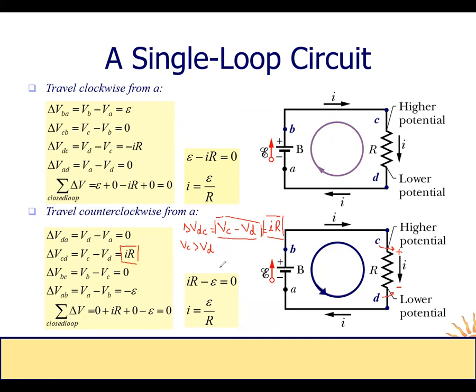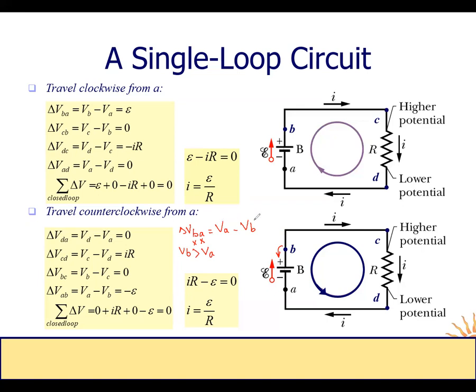Here we have delta V BA, which is equal to V final minus V initial. B is at the positive side, so VB is greater than VA.